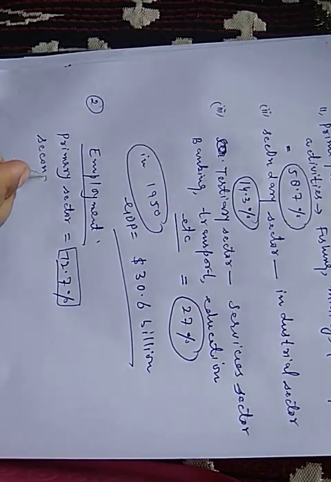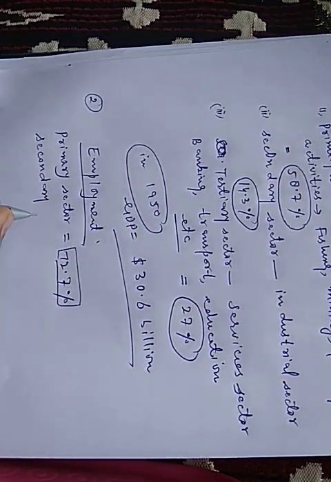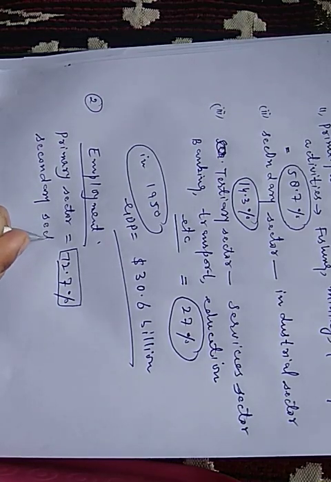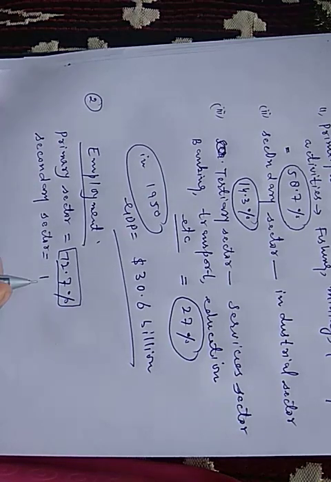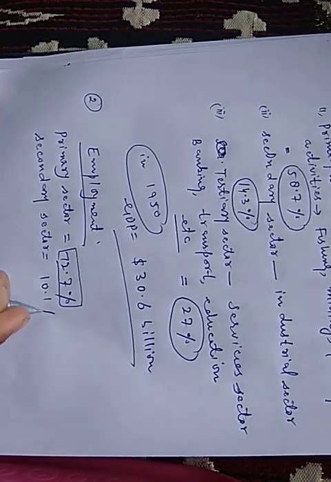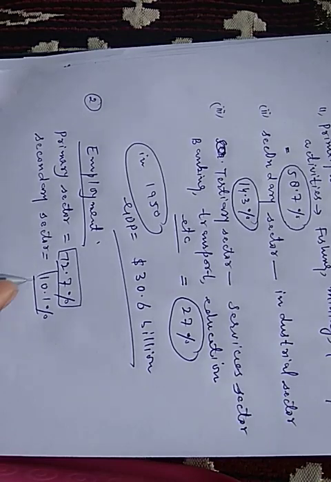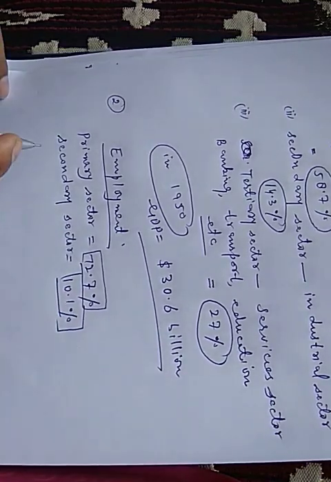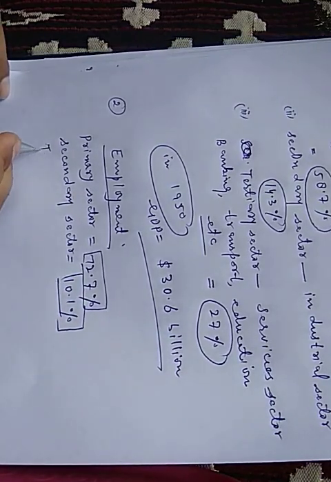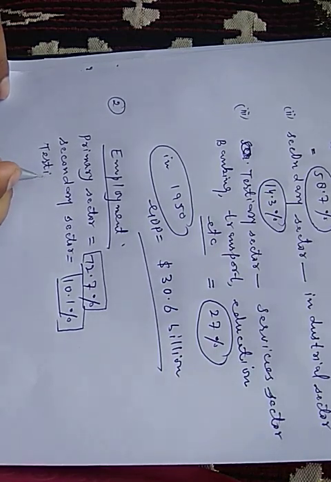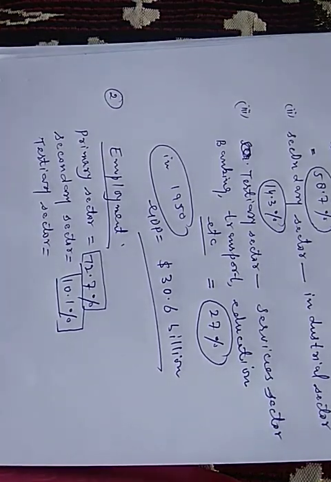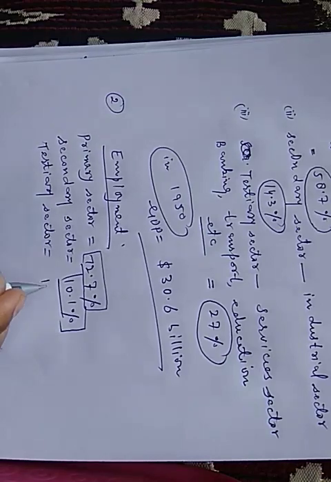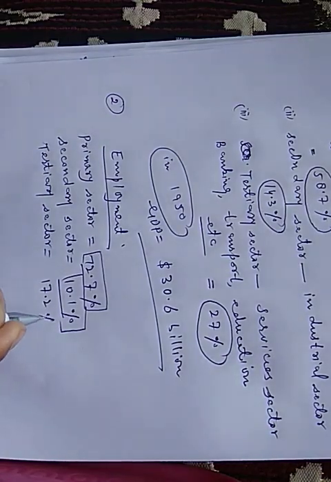And the secondary sector, the industrial sector, provided employment to 10.1% of the population. And the tertiary sector, known as the services sector, its share in employment at the time of independence was 17.2%.